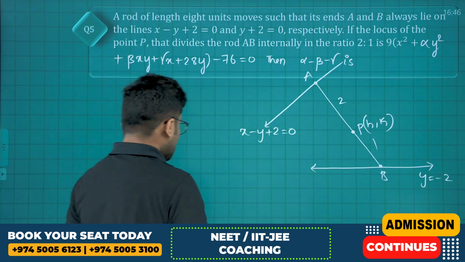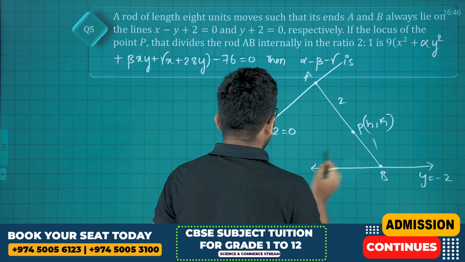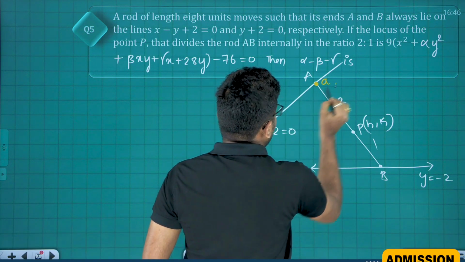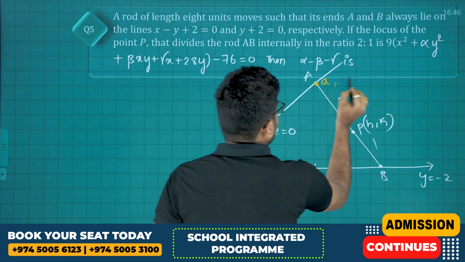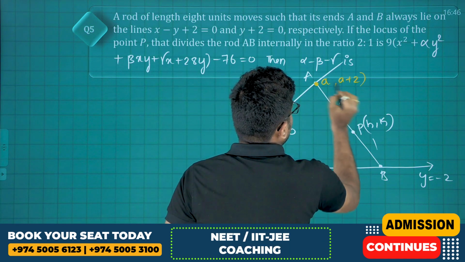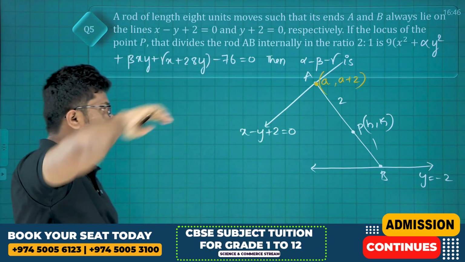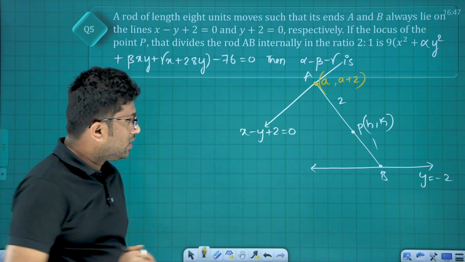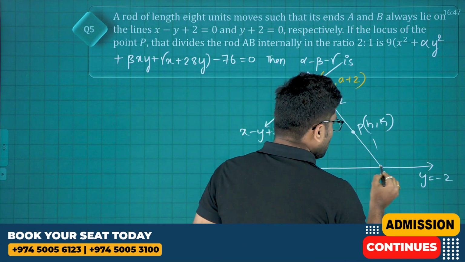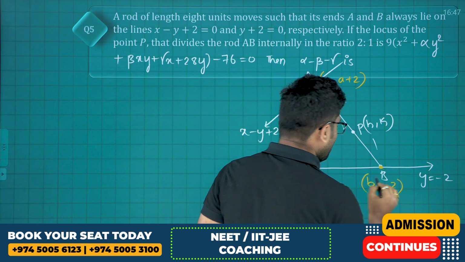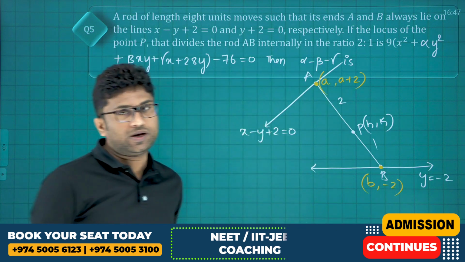Okay, so let's see this, friends. Let us take any variable point on this line. If x equals A, y will be equals to A plus 2. So A comma A plus 2 will always be lying on the line. In the same way, y is minus 2 means, let's say, some B comma minus 2 will always be a point on the line y is equals to minus 2.